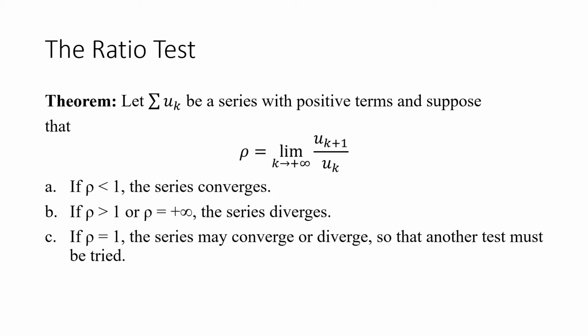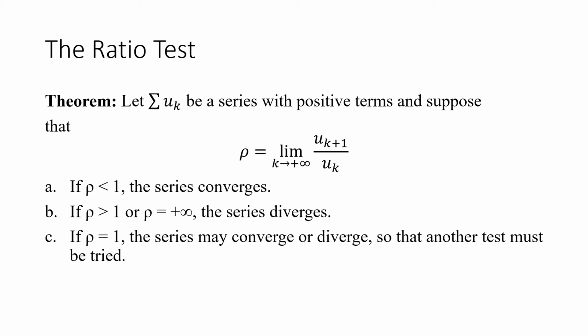So we're going to use the ratio test. This is the theory for the ratio test. Let the series sum of u sub k have positive terms, and suppose that rho is equal to the limit of u sub k plus 1 over u sub k as k approaches positive infinity.